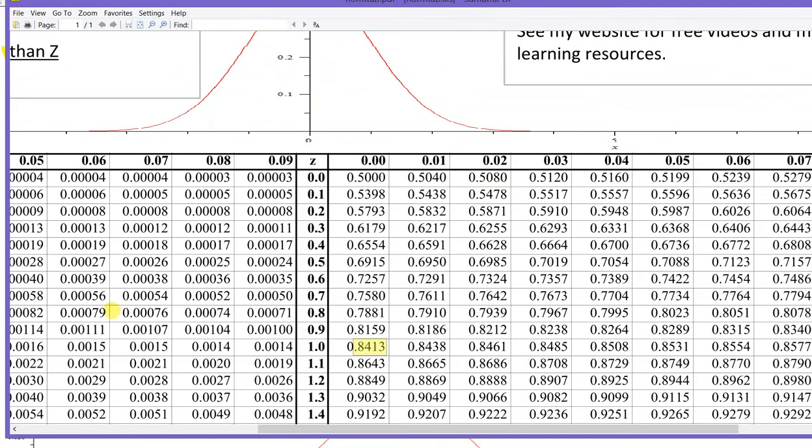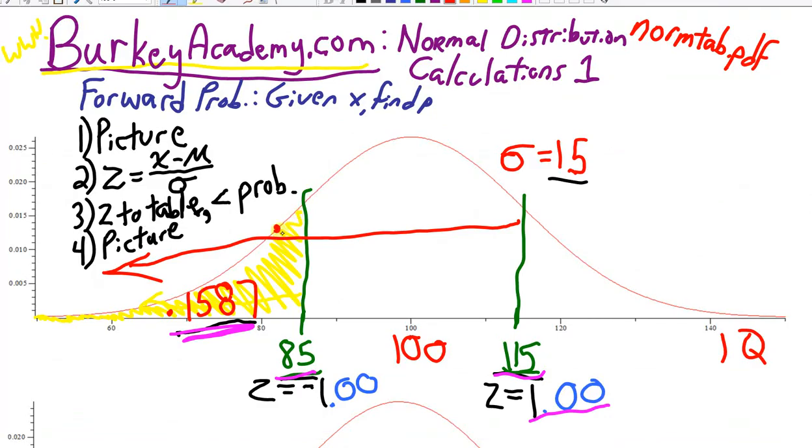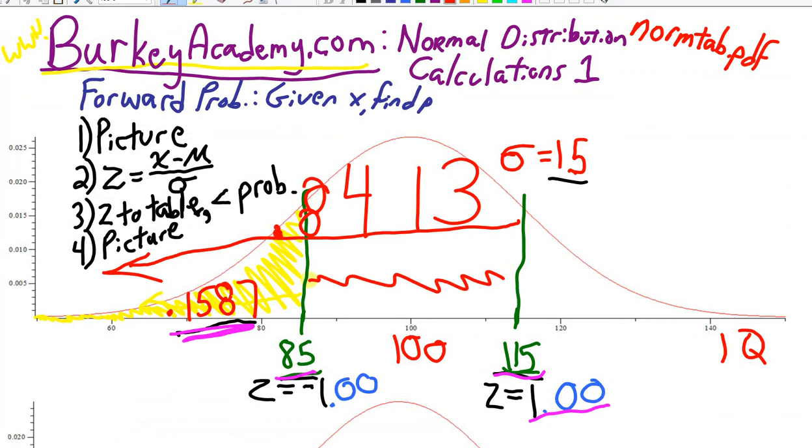So let's put that here. I'm drawing that really large, and I'm trying to overlap it so we can really picture that this 0.8413 includes the area here in the middle, and it also includes this area on the left side below 85. It includes all the area on the left.